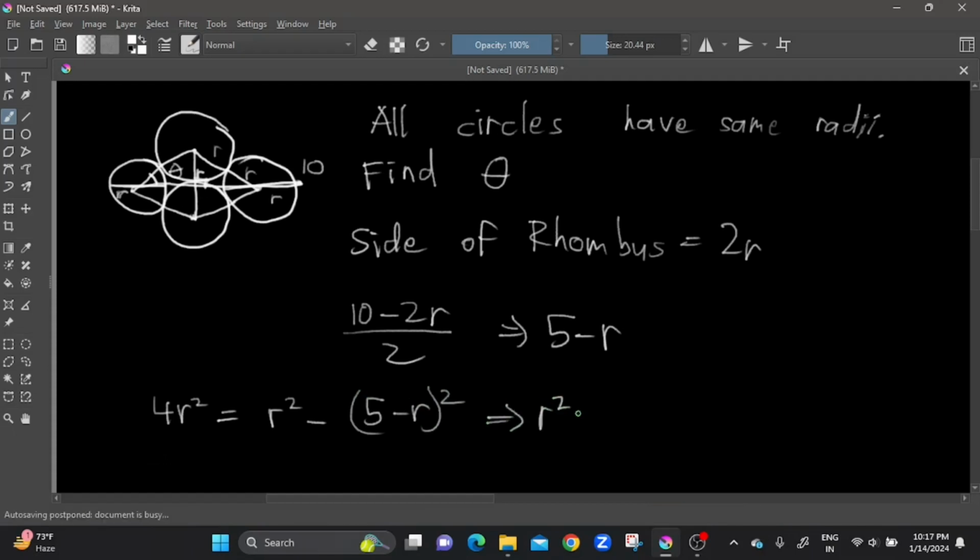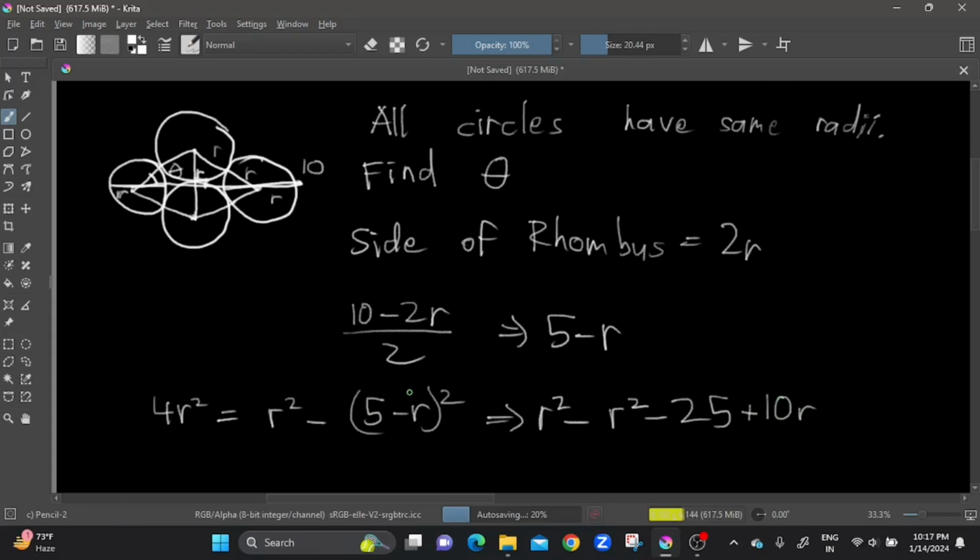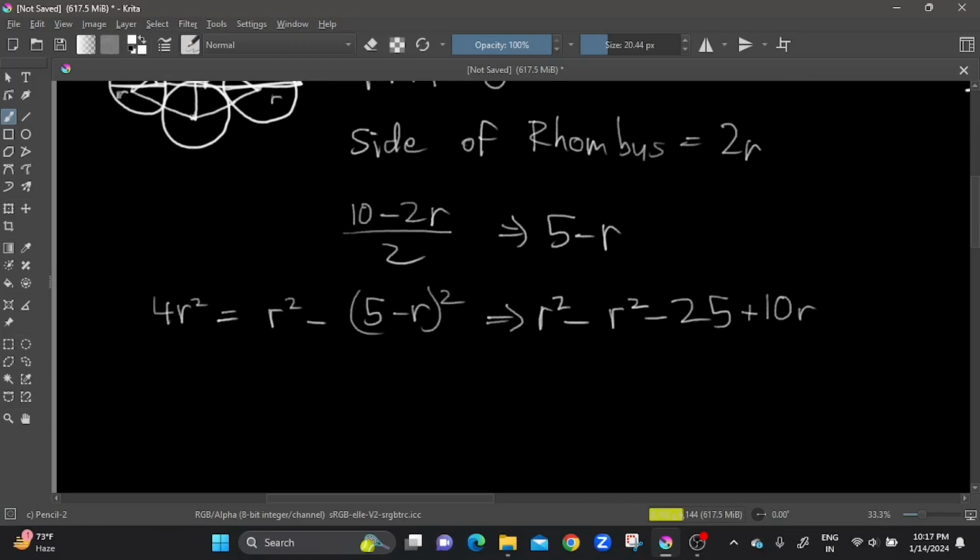We're going to get r squared minus r squared, and minus 25 plus 10r, right? Because it's negative, doesn't matter really that much. Plus 10r, so minus minus. Okay, so these two cancel out. You're basically left with 4r squared is equal to 10r minus 25.